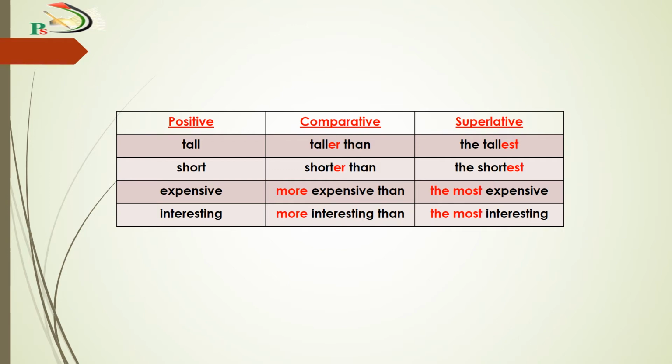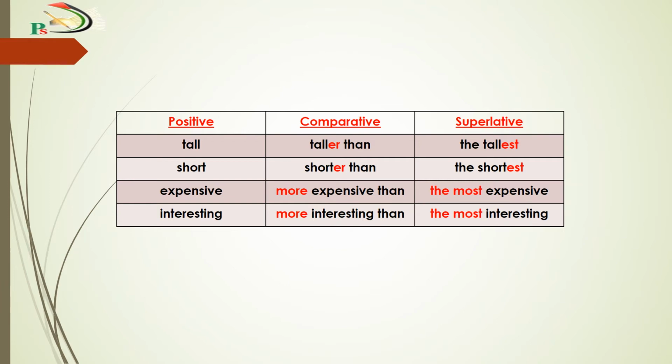Now let's talk about superlative adjectives. We use superlative adjectives to compare one person with two or three persons or with a group of people, or to compare one object with a group of objects. We form the superlative adjectives by adding the plus adjective plus est if the adjective is only one syllable.